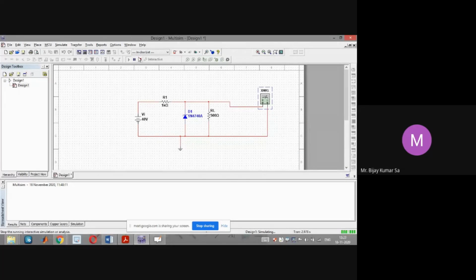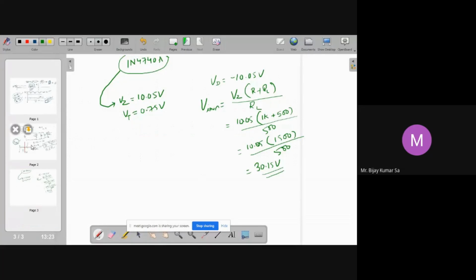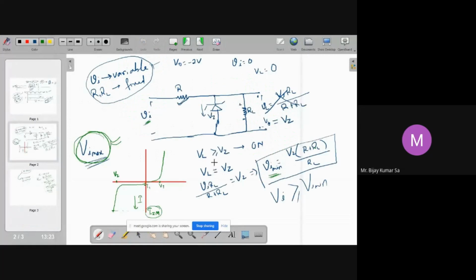We have already discussed this thing. Whenever VL is greater than or equals to VZ, that means VI is greater than VI minimum, and in that case the zener diode is already on, and V output is equals to VZ.